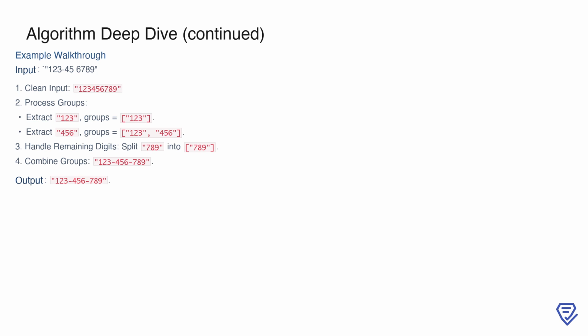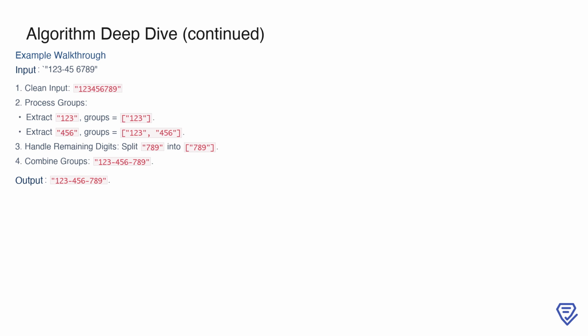Let's walk through a concrete example to solidify our understanding. Suppose the input is 123-45 6789. First, we clean the input to remove non-digit characters, resulting in 1 2 3 4 5 6 7 8 9. Next, we process groups of size 3. We extract 123 and 456, adding them to the groups list, which becomes 123, 456.